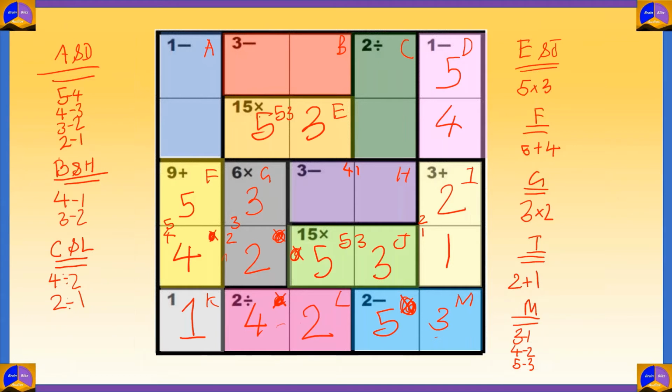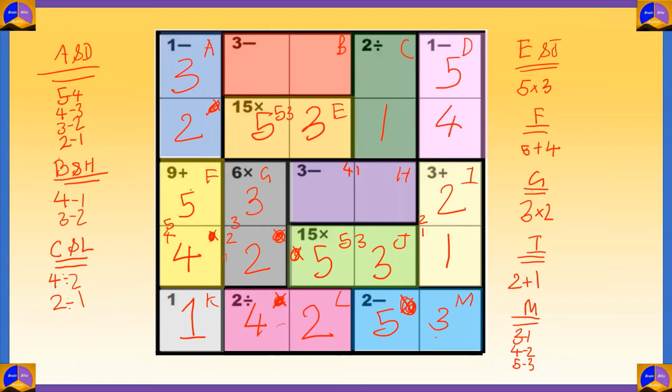As 3 already came over here, 3 can't come over here, as then it will repeat 3 in the same row. So here 2 will go and here 3. Now for completing this row, here it would be a 1 as the 2, 3, 4 and 5 are already filled.